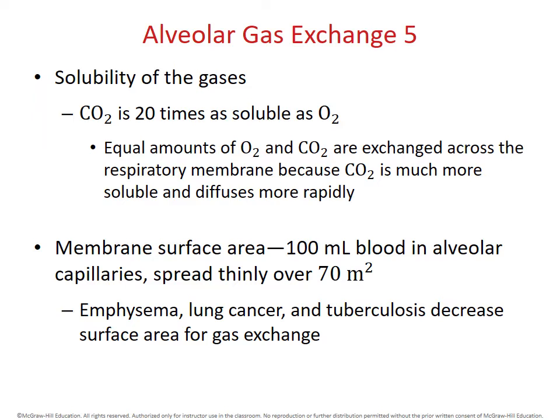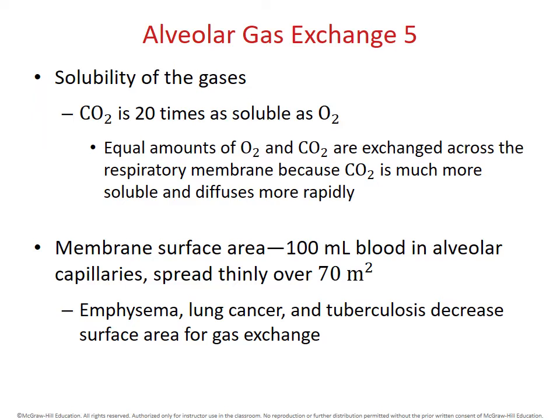I said 100 times earlier, it's actually 20 times, so I apologize for misspeaking. But that difference in solubility means that a gradient in PCO2 of 46 to 40 is not necessarily less than a gradient in PO2 of 104 to 40.